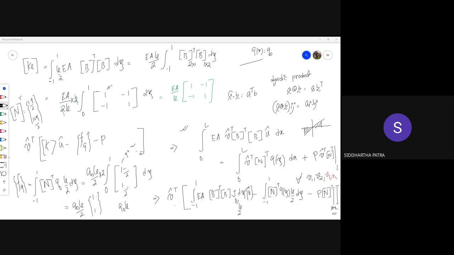So the value of N transpose at x equal L is essentially this quantity, 0, 1.